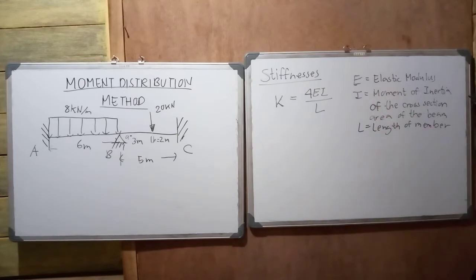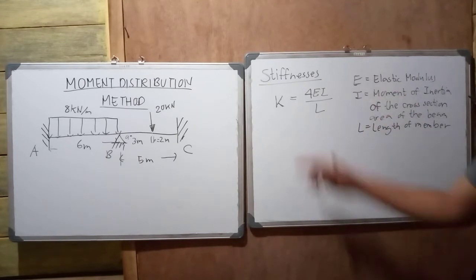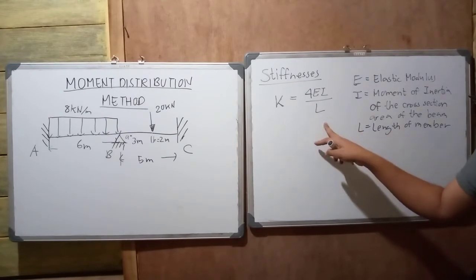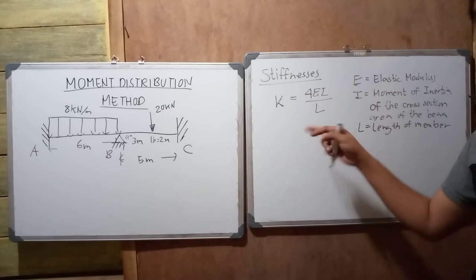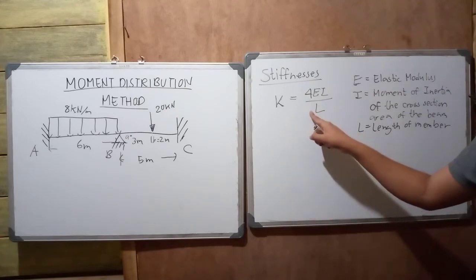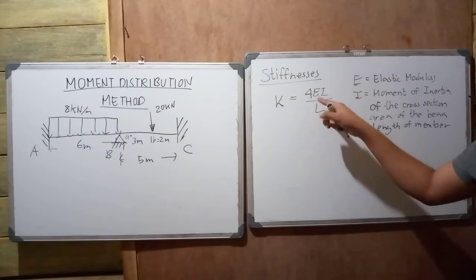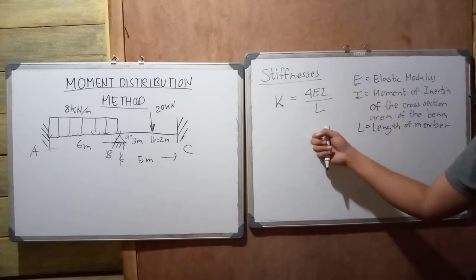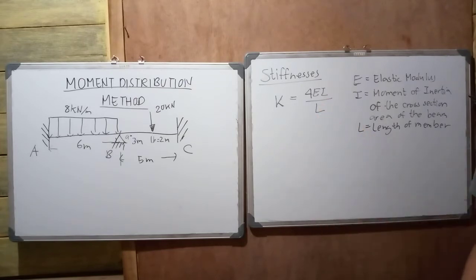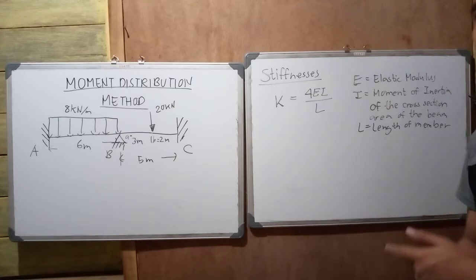Under normal conditions, you can assume that K is equal to 4EI over L. Somehow, there are also techniques in our books where we can modify K. Under certain conditions, it becomes 3EI over L, 2EI over L, or 6EI over L, in order to shortcut the computations.